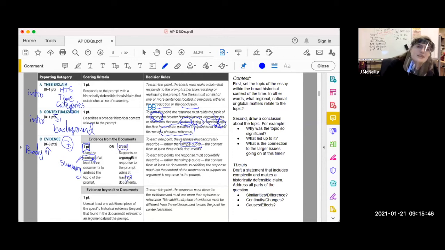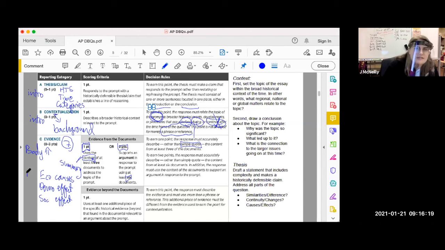Again, what does this mean by using the document to back up your thesis? Well, remember that in our example, y'all had a thesis that said there were economic causes, demographic effects, and social effects. Okay, so let's say that you have 6 documents, 1 through 6, and document 1 talks about the spice trade.